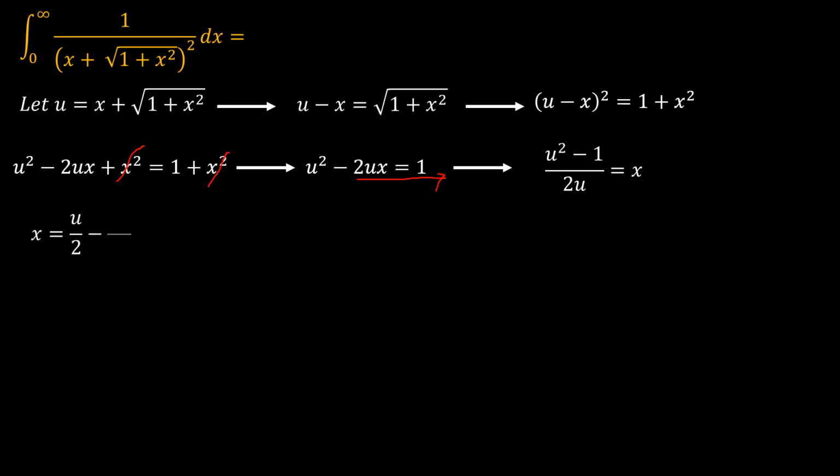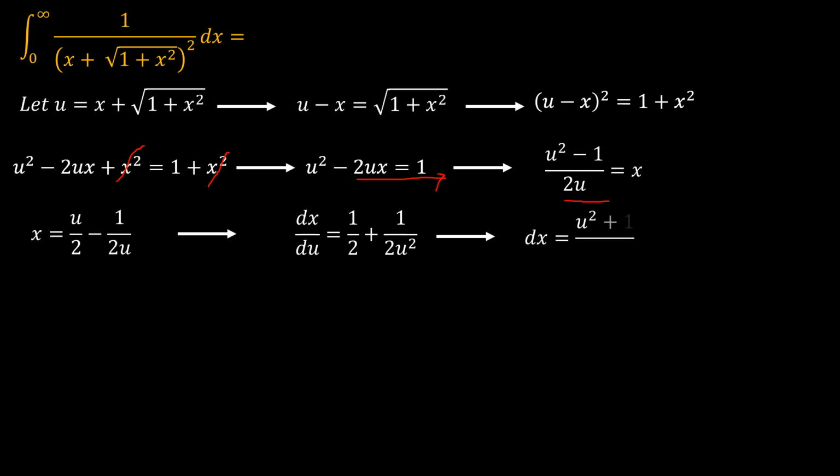And so x becomes u over 2 minus 1 over 2u, just taking each part separately. And then what we find is that dx/du is equal to a half plus 1 over 2u squared. And so multiplying both sides by du, dx becomes u squared plus 1 over 2u squared du.